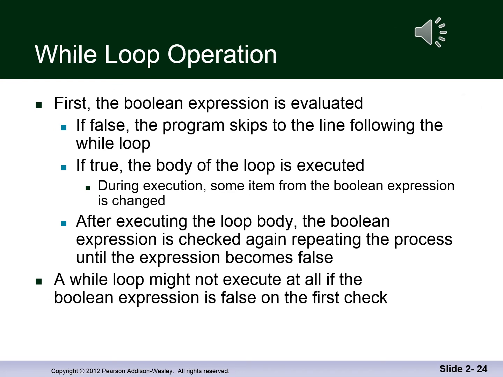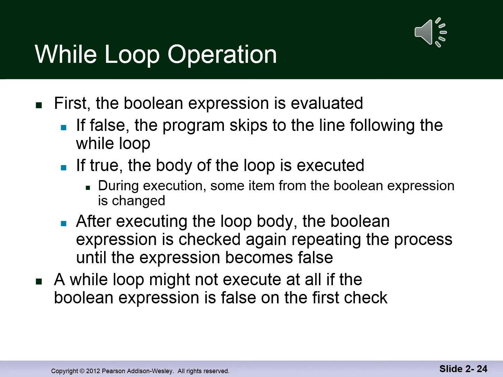This slide details the operation of the while loop. First, the Boolean expression is evaluated. Remember, a Boolean expression can only be evaluated as false or true. If it's false, the program skips to the line following the while loop. It's real simple.